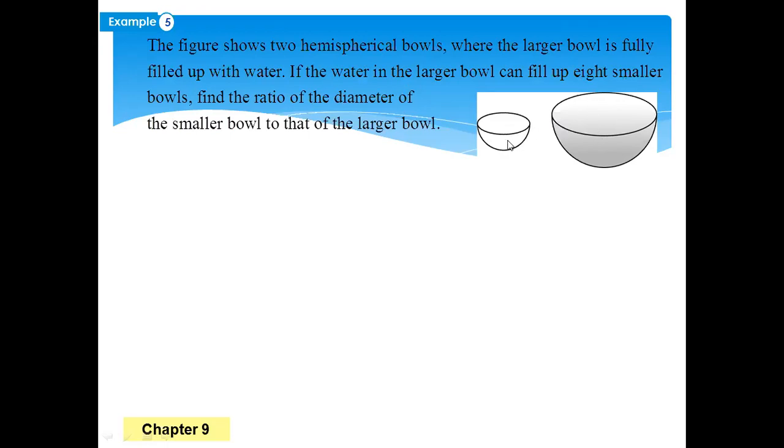That means the larger ball is 8 times of the smaller ball, the volume, okay? And the question asks you the ratio of the diameter. So the diameter of the smaller, the diameter of the larger, what ratio is the diameter?